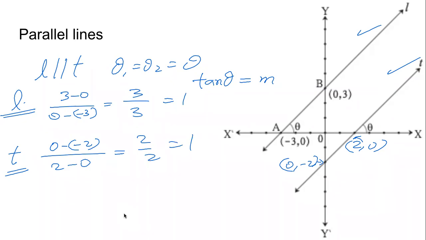So the slope has to be same if the lines are parallel. If the lines are parallel, slope is same. If the slope is same, lines will be parallel. Doesn't matter how we are calculating the slope, whether we calculate it through the angle tan theta or using coordinates.